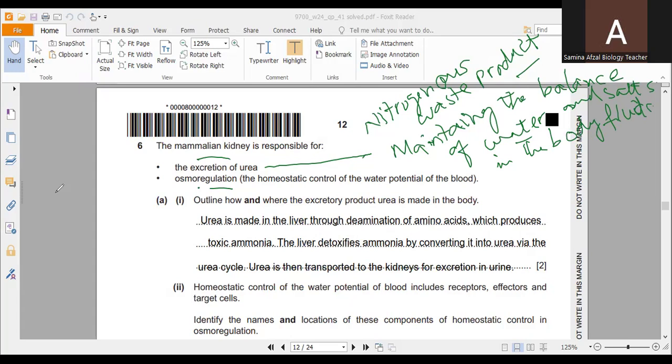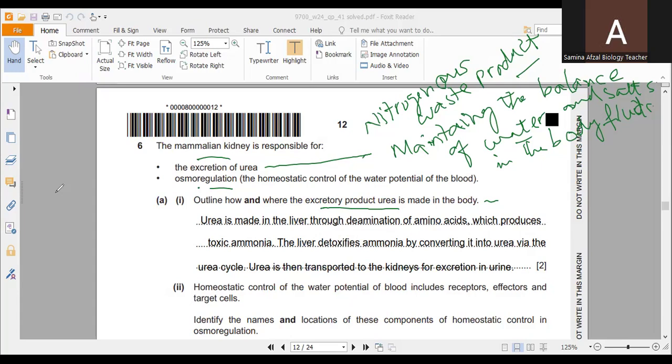So the question is: outline how and where the excretory product urea is made in the body. Urea is a nitrogenous waste product which should be excreted out of the body, during the main function of the kidney, that is osmoregulation.